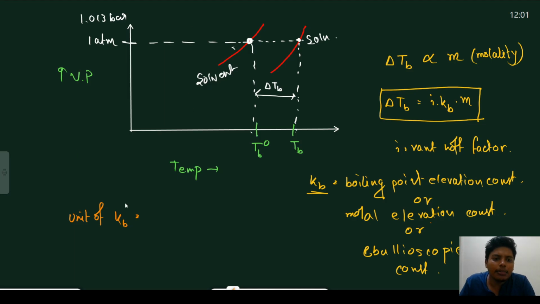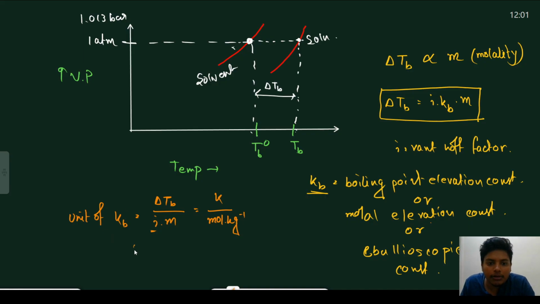Tell. As Kb equal to, I can write like this, no? Delta TB by i into m. Okay, i doesn't have any unit, it is a value, a constant. Temperature unit is Kelvin, yes or no? And molality unit is mole per kg.